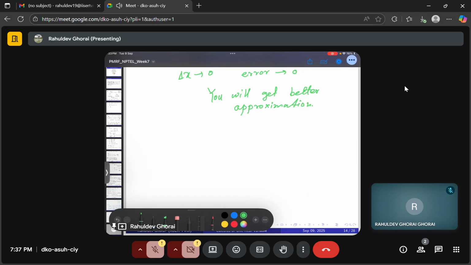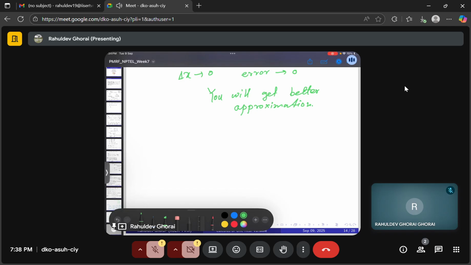You will see the same thing happening: as del x tends to 0, the trapezoidal rule also gives much better results. You can do error analysis also. That's in that sense. I think that's all for these things.